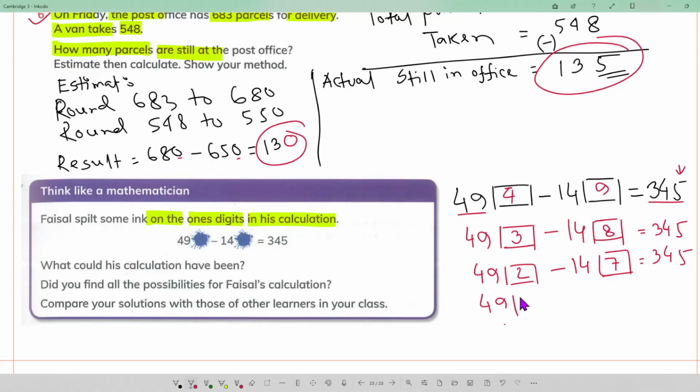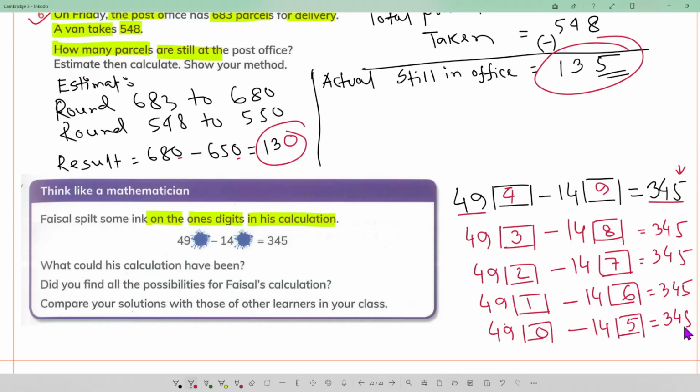Again 4 9 1, we can put 4 9 6, similar result 3 4 5, right? And finally if we put here 0, it should be 4 9 0, and here should be 1 4 5, and the result will be the same 3 4 5. So this way you can find the missing digit.